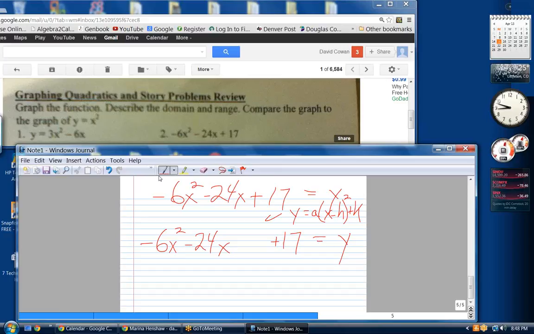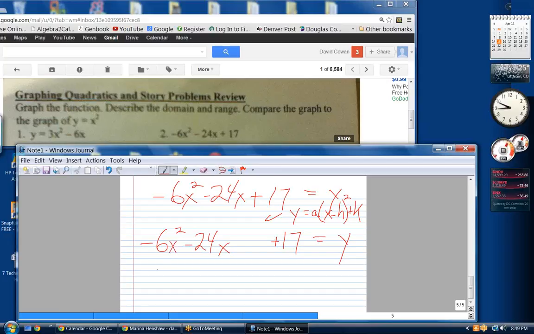Getting rid of that coefficient. Is the coefficient negative 24x or 17? Not the 24, the coefficient that's in front of the x squared term. These are coefficients. This is not a coefficient here. That's a constant. Okay? I do have a coefficient in front of the x squared, and I have a coefficient in front of the x also.